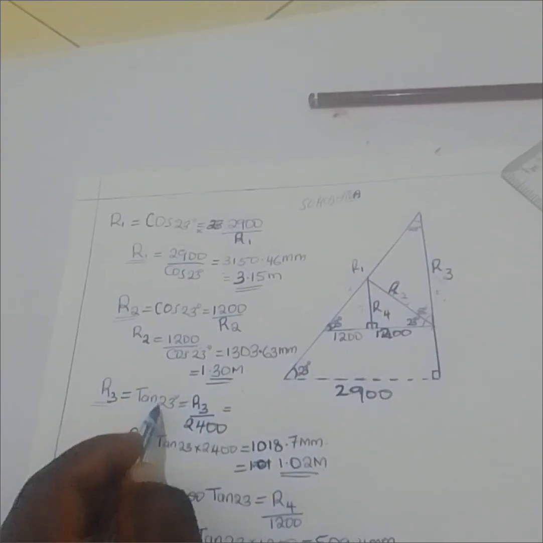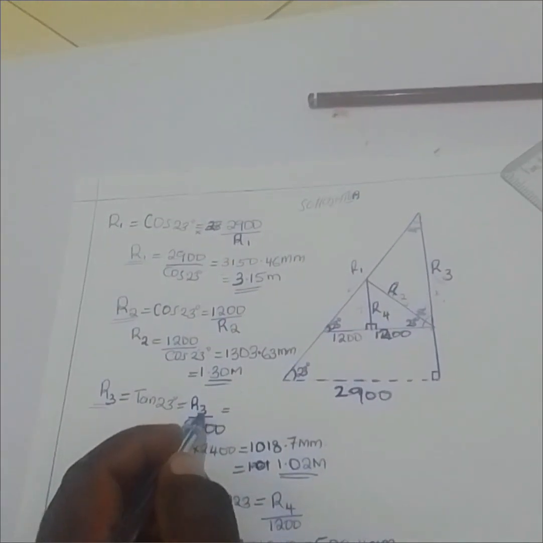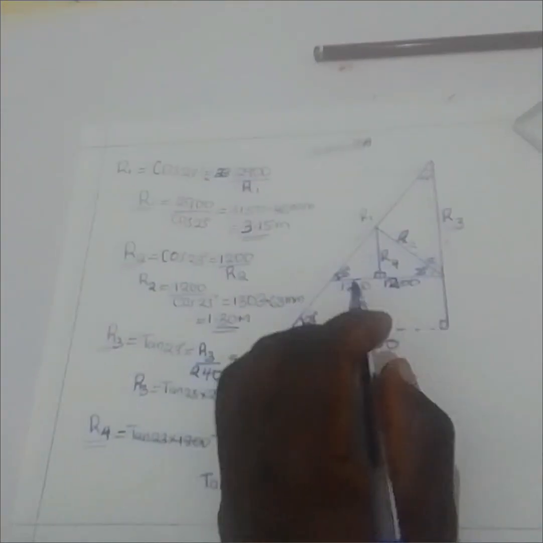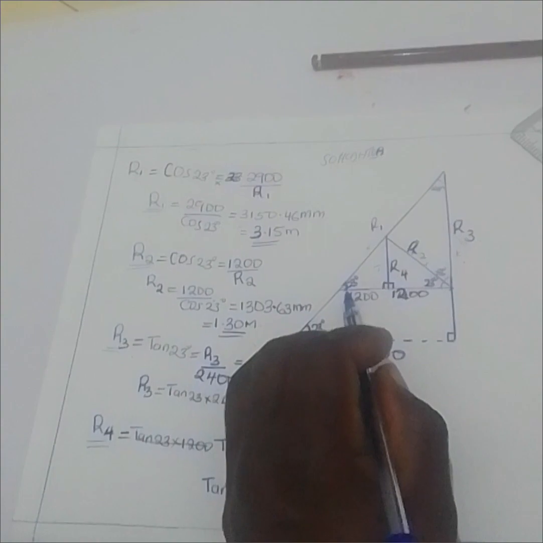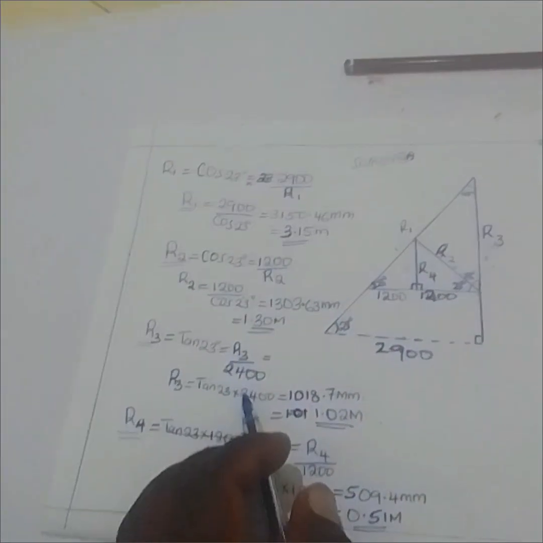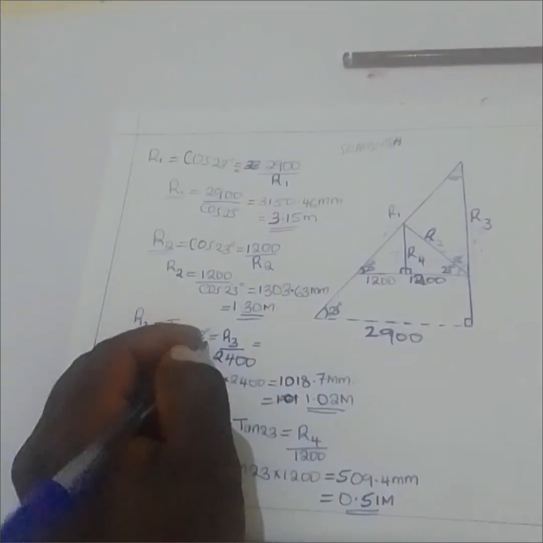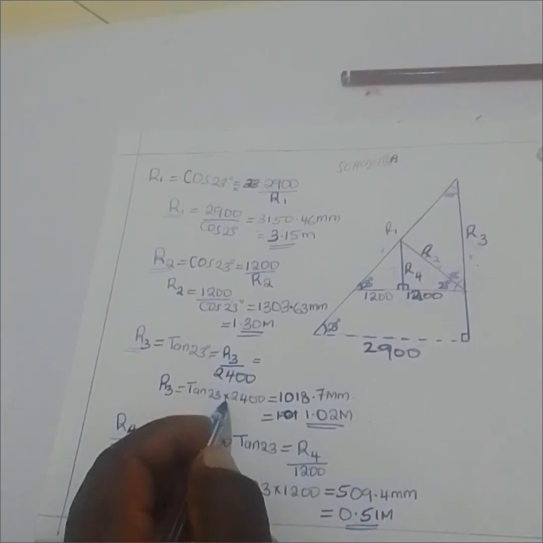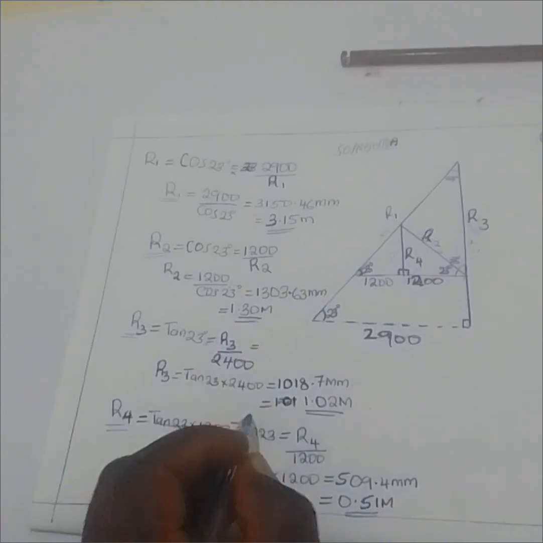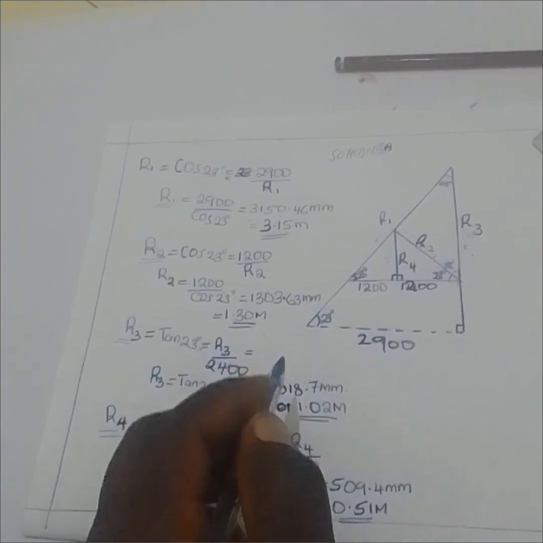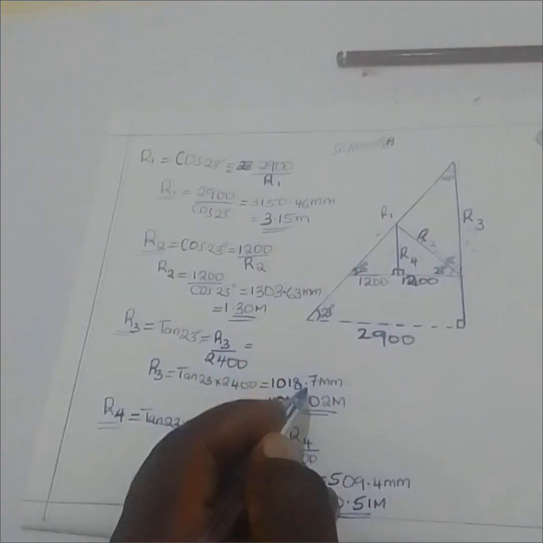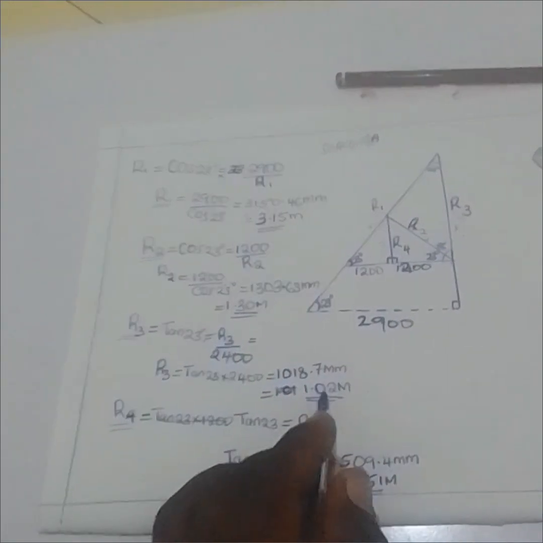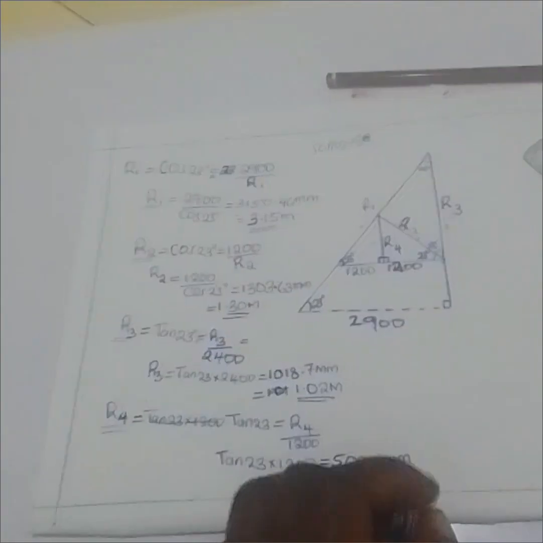Tan theta is equal to R3, which is opposite, all over 2400 from here to here. If we do cross multiplication, R3 is equal to tan 23 times 2400, which is 1018.7 millimeters. If we convert to meters, it will be 1.02 meters.